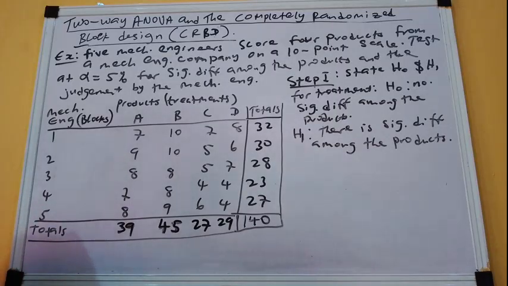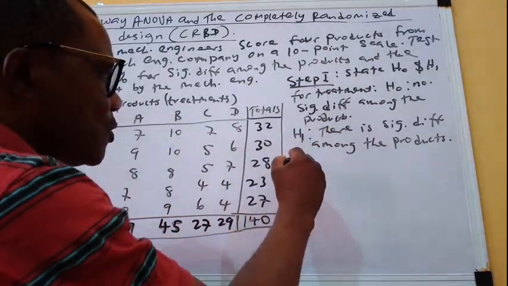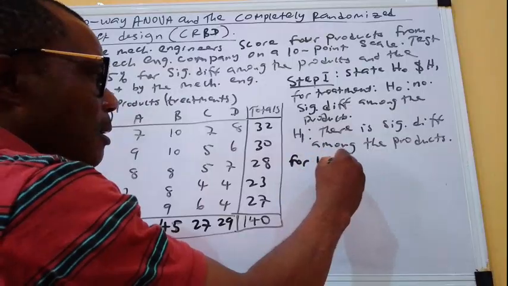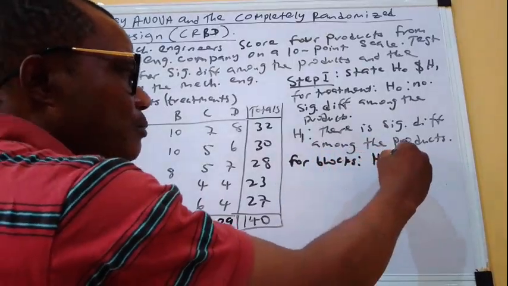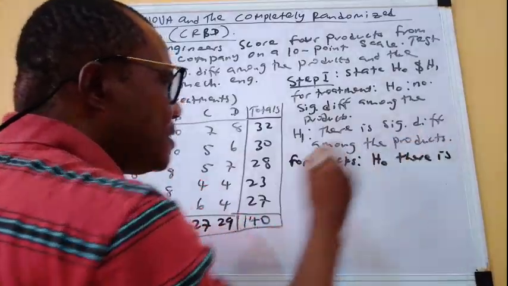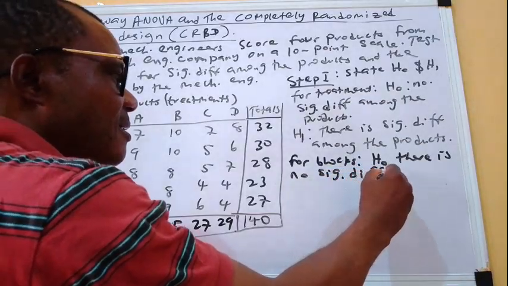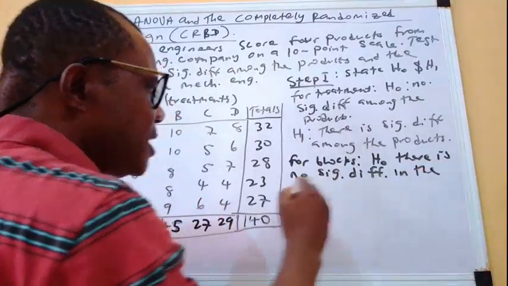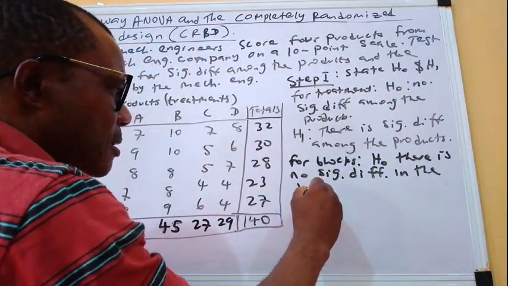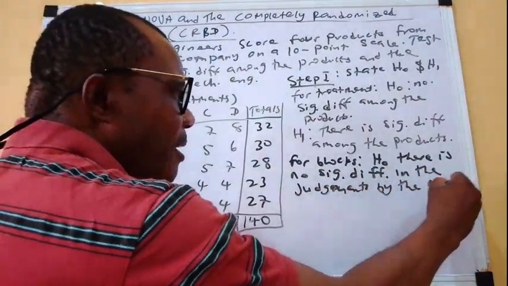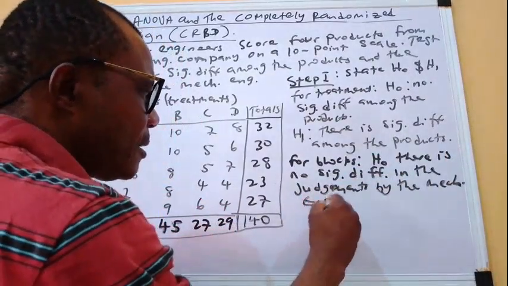Then we are going to set the hypothesis for the blocks. For blocks, H0: there is no significant difference in the judgment by the mech engineers.